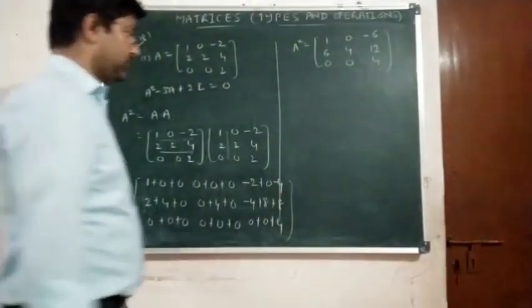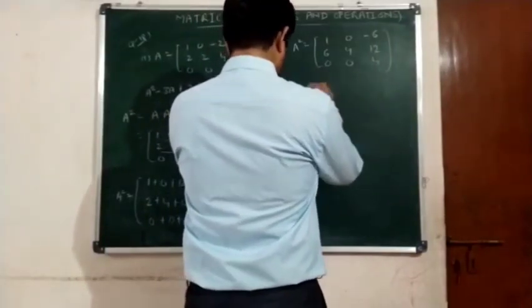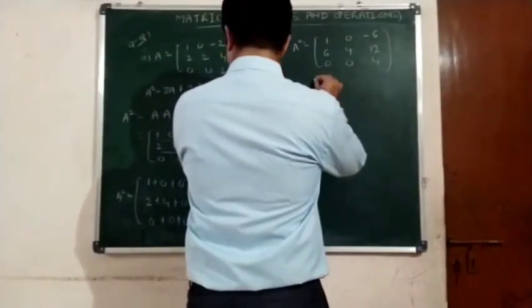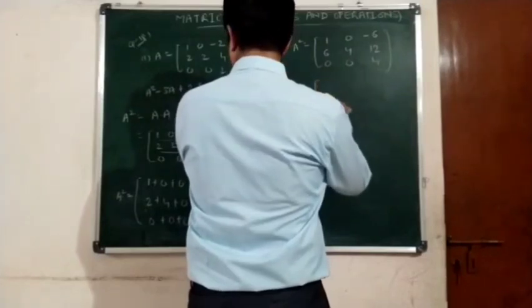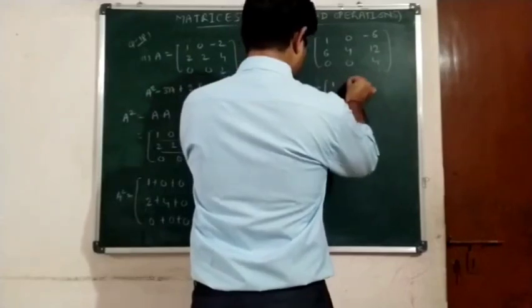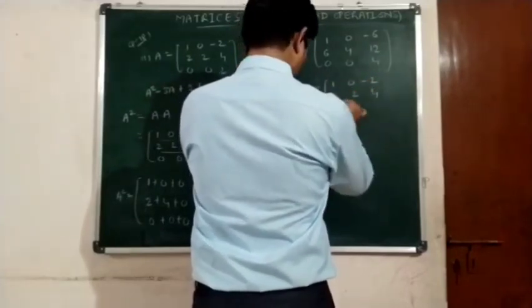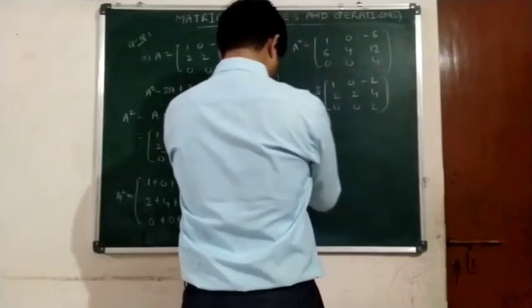Now let us find out 3A. 3A is equal to 3 into matrix A, [1 0 -2; 2 2 4; 0 0 2].